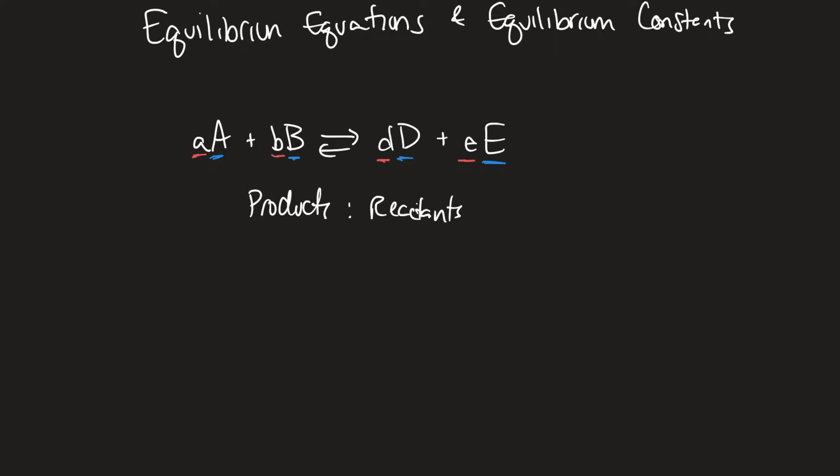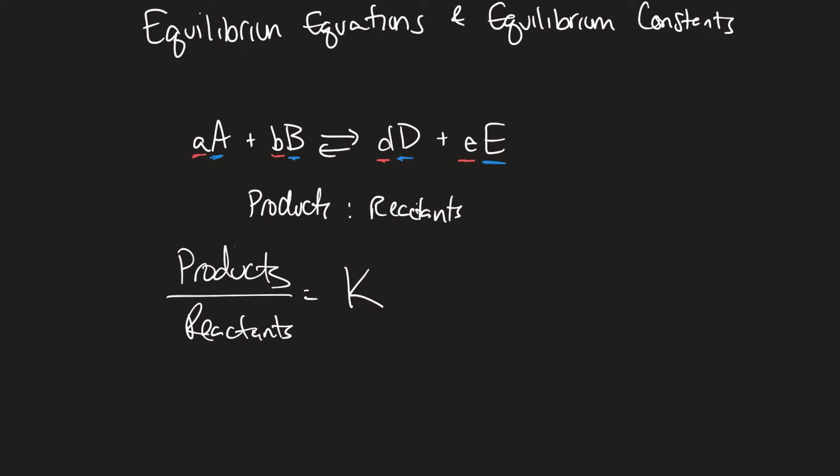So in other words, we like to see the ratio of the products to the reactants. This ratio of the products over the reactants, we call the equilibrium constant, or K. K stands for equilibrium constant.